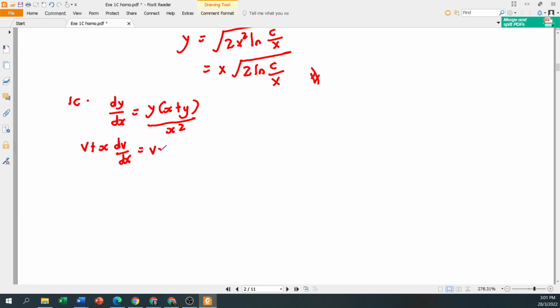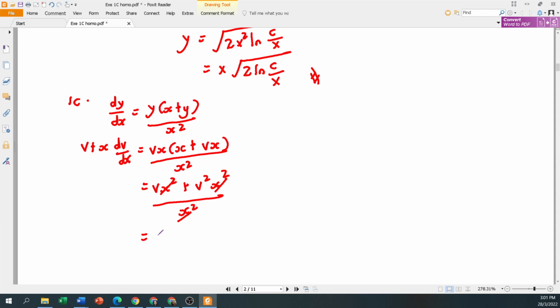Okay, y is vx, so y(x + y) is vx(x + vx), divided by x squared. So v x squared plus v squared x squared divided by x squared. If you cancel out all the x squared, you have v + v squared.